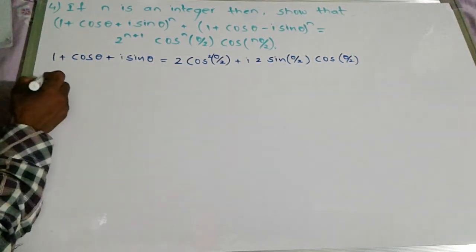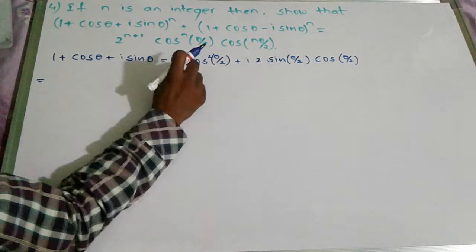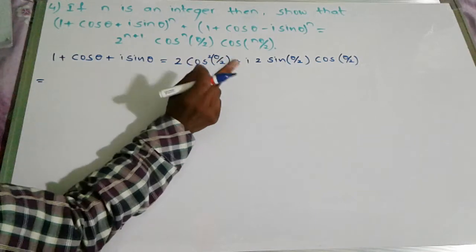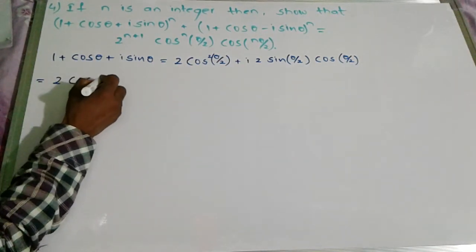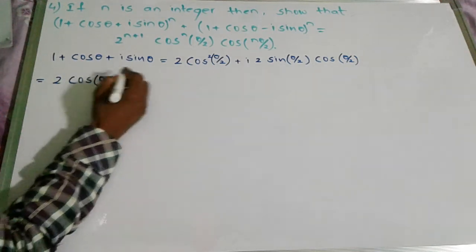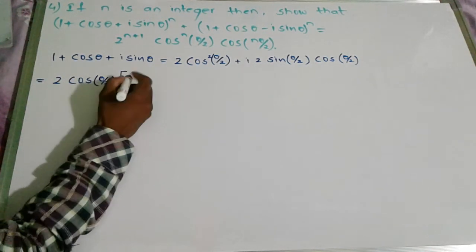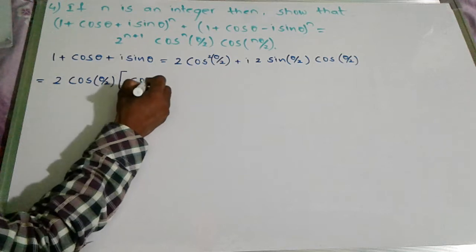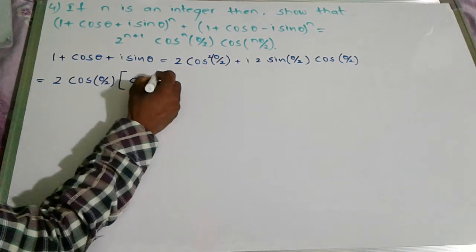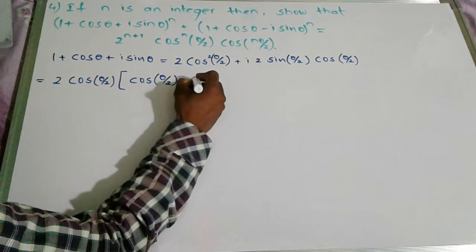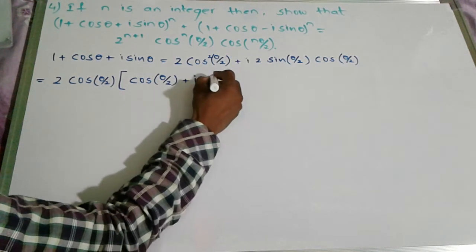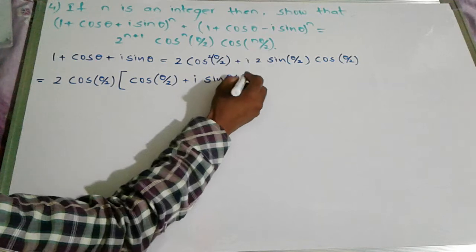So I am taking 2 cos θ/2 as common. So 2 cos θ/2, then we get cos θ/2 + i sin θ/2, right?